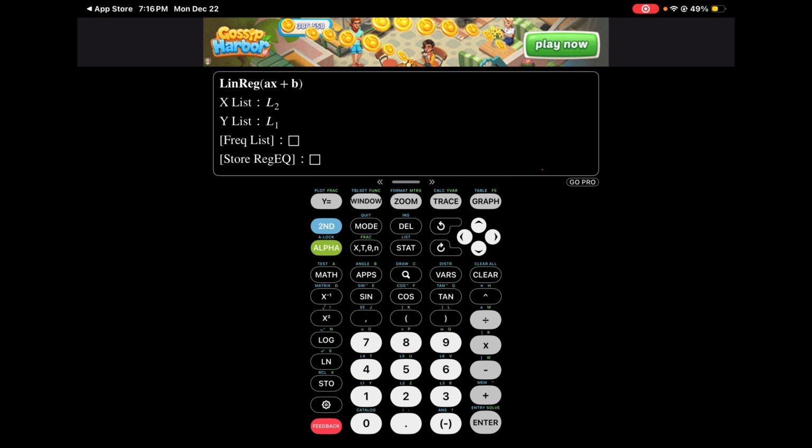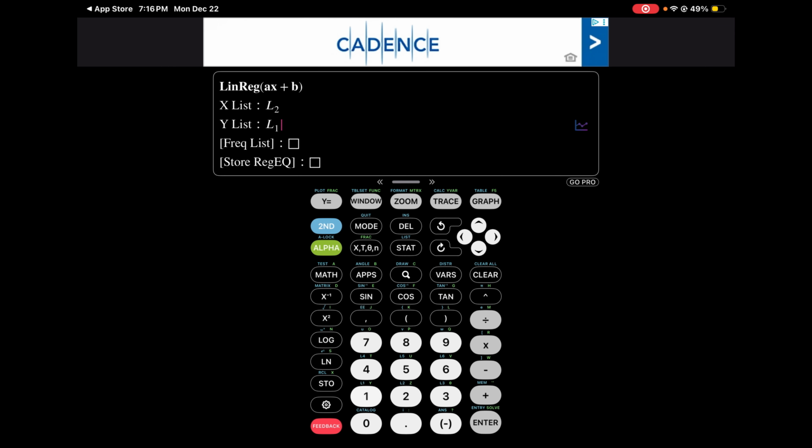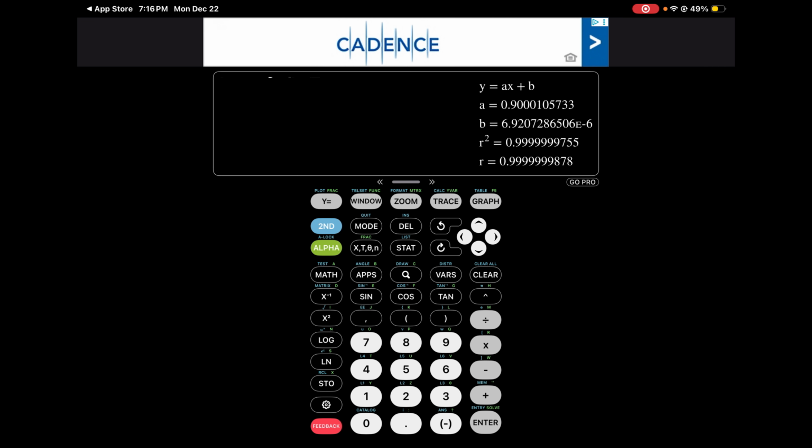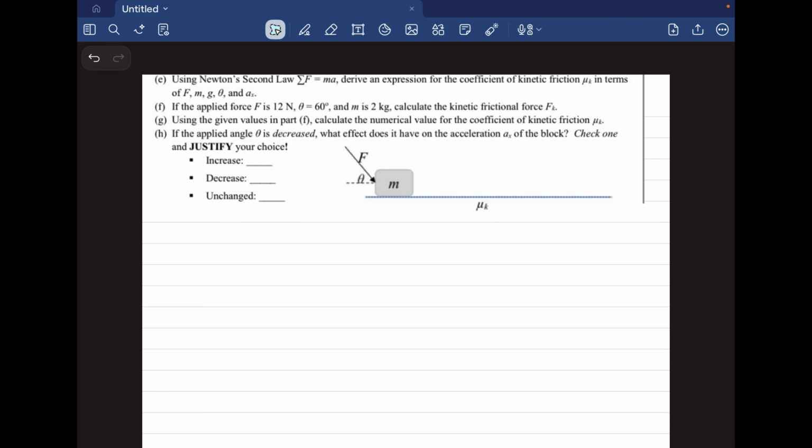So this is L1. So your a is your slope, which is 0.9. Okay, so 0.9.